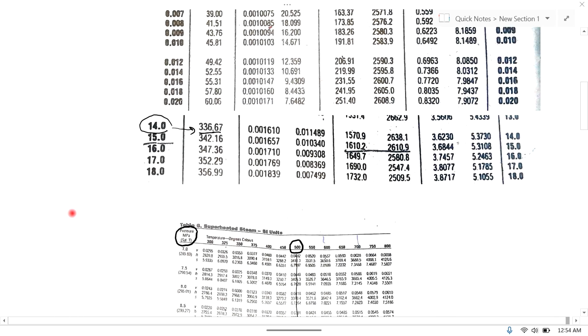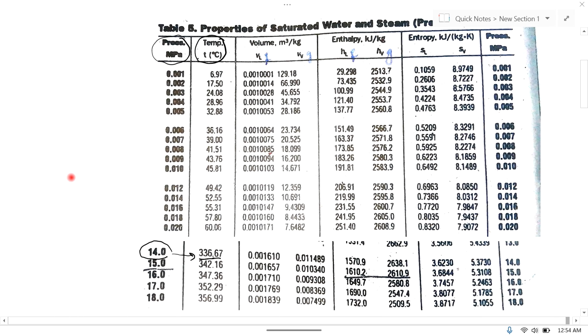This is the saturated steam table, and this pressure is in megapascal, and this is 0.008 megapascal. At this pressure, VF, meaning volume of liquid, is 0.001085 meter cube per kg. This is the unit of volume.